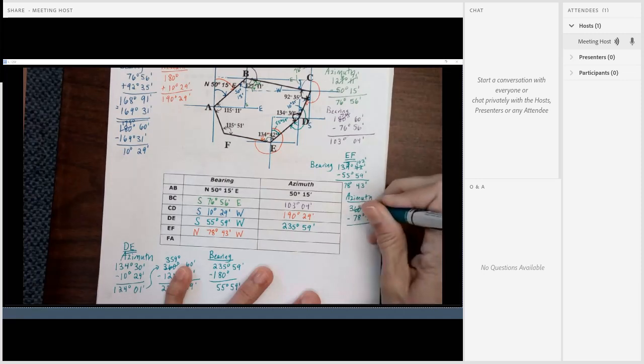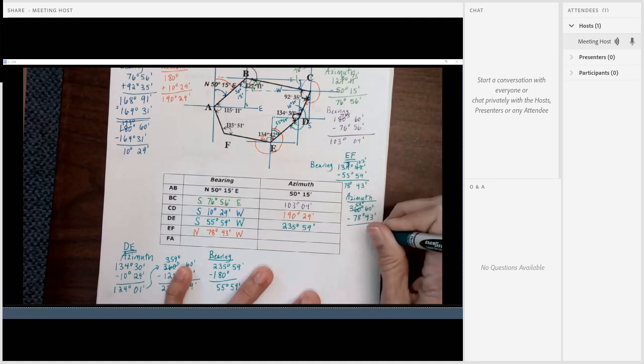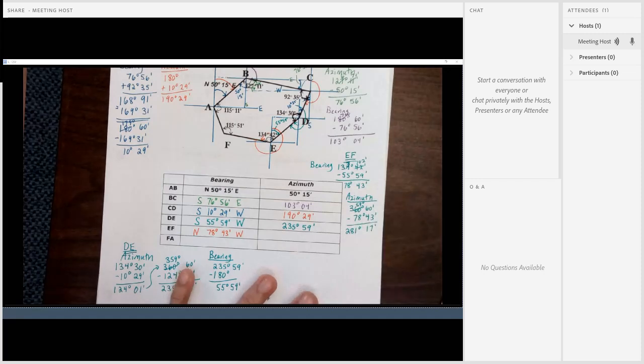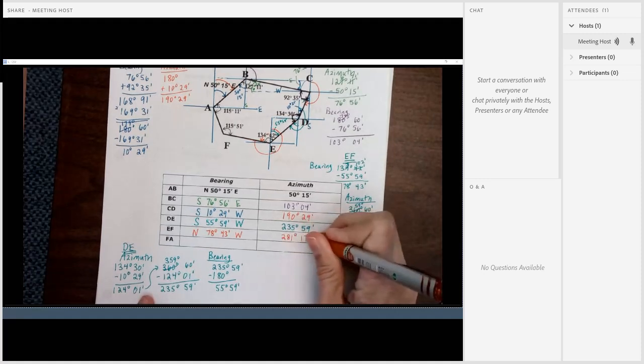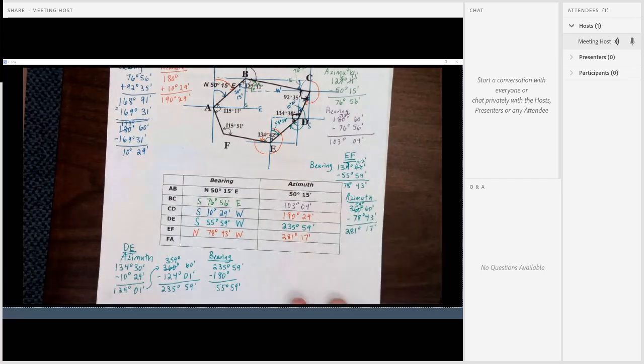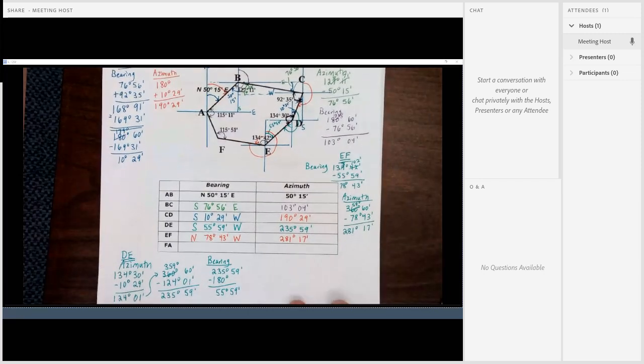Again, I'll borrow, becomes 59 and 60. So that's 17 minutes, 281 degrees there for that azimuth. So 281 degrees, 17 minutes for EF.